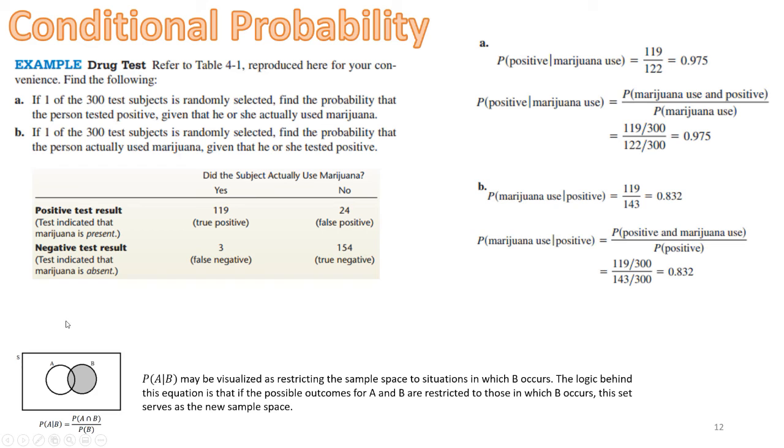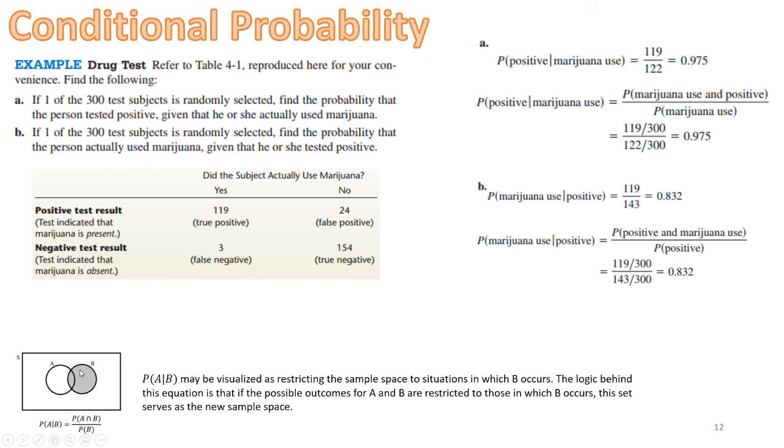So this brings us to a very important idea, that the probability of A given B may be visualized as restricting the sample space to situations in which B occurs. The logic behind this equation is that if the possible outcomes for A and B are restricted to those in which B occurs, this set B serves as the new sample space.